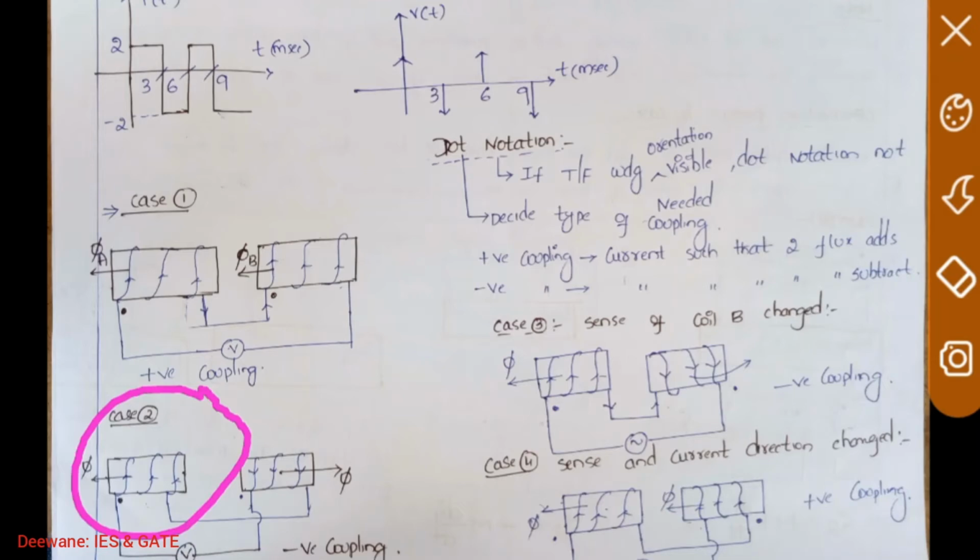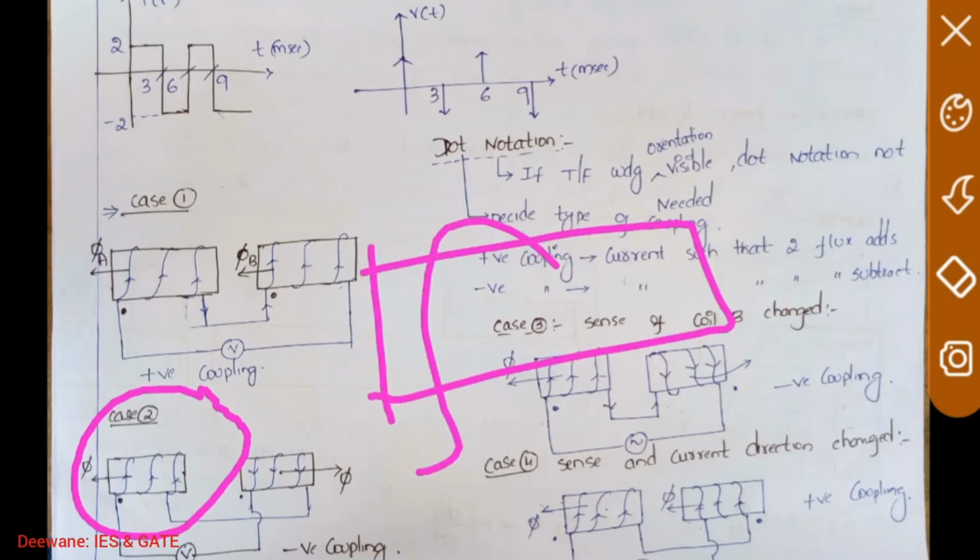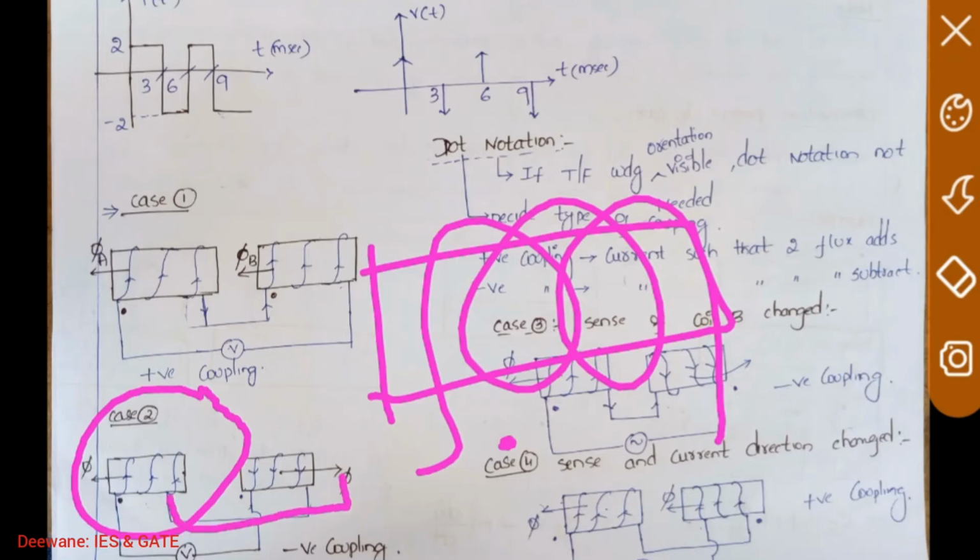Sorry for that, friends. See, the second core is also wound like this, and this is the dot. The starting of the winding is kept as the dot, but now this winding is connected differently here.